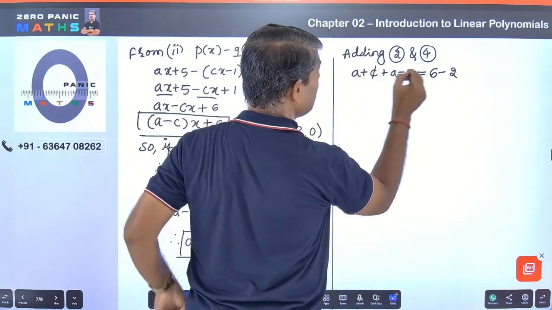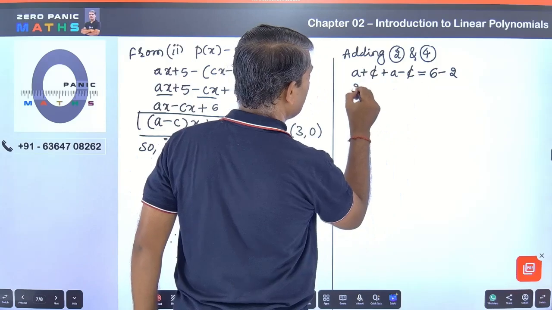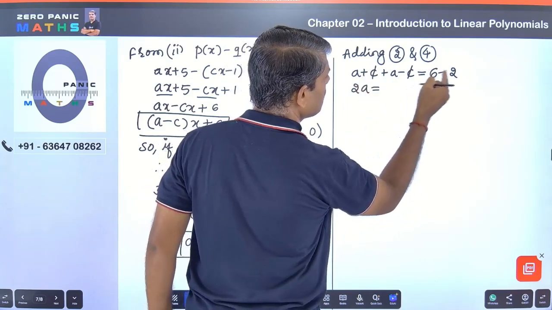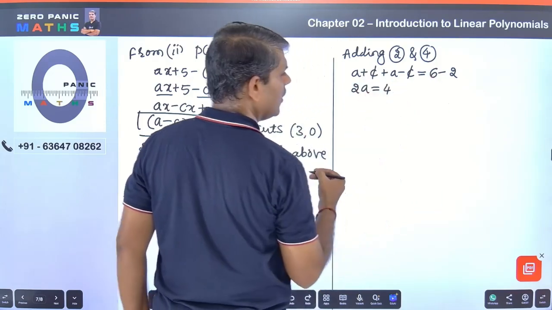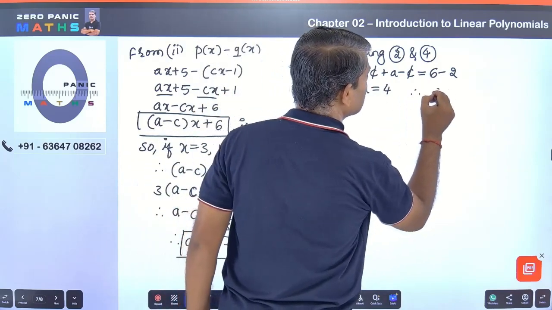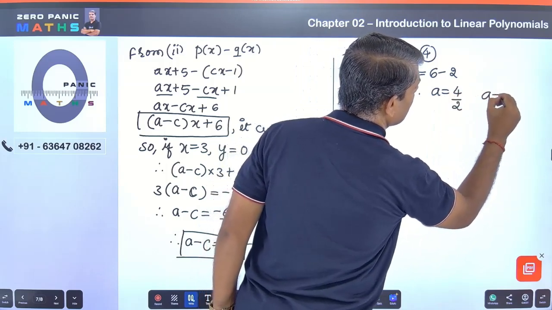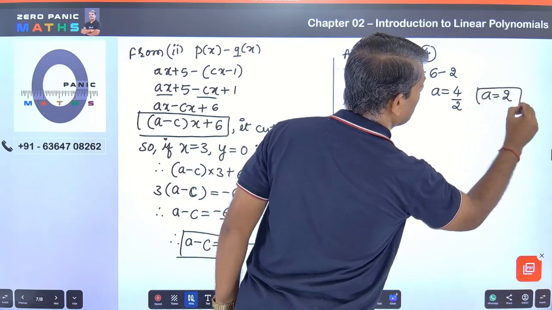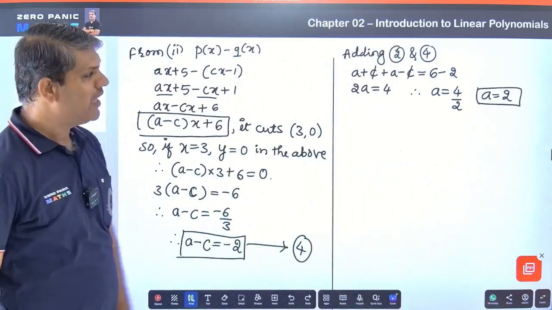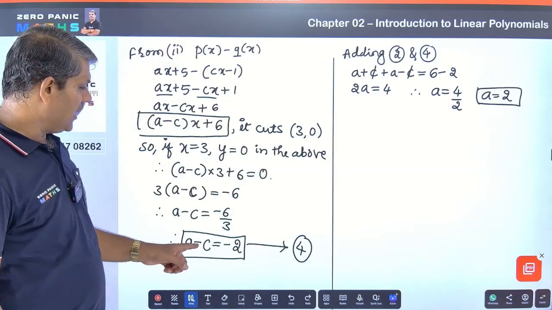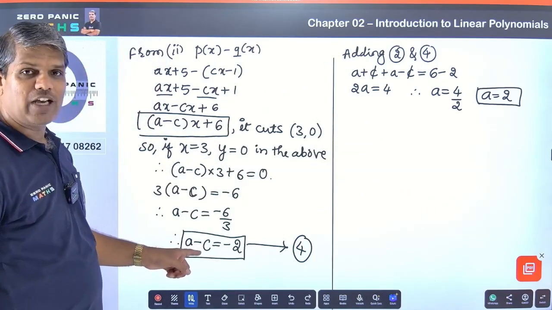So here c will get cancelled and it will be 2a is equal to 6 minus 2, that is 4. So therefore a is equal to 4 by 2, and a is equal to 2. Now we got the value of a also.